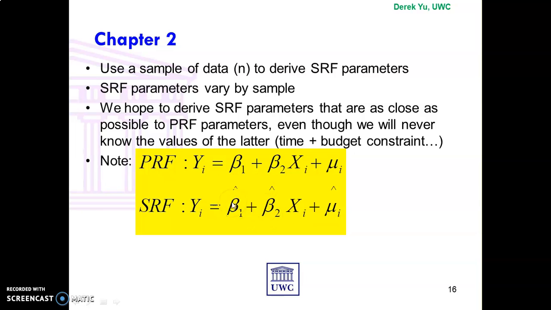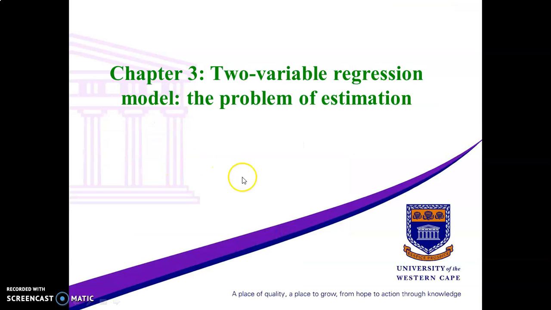So in other words, these are sample regression parameters: B1 hat, my constant, B2 hat, slope parameter, and then U hat stands for residuals. Remember in PRF, U without a hat stands for error terms, the difference between actual Y and expected Y. But for SRF, U hat stands for residuals, which means the difference between the actual Y and estimated Y.